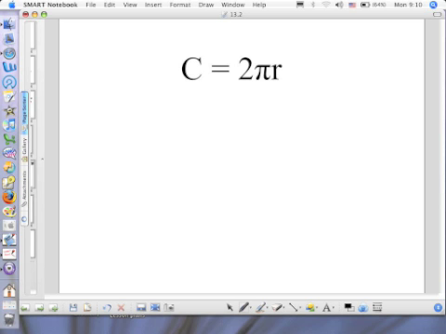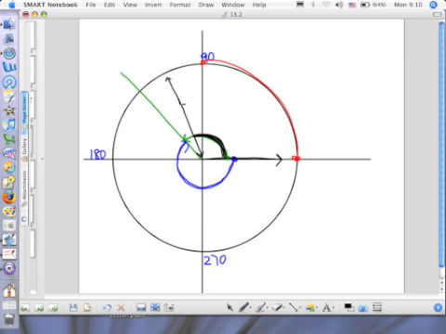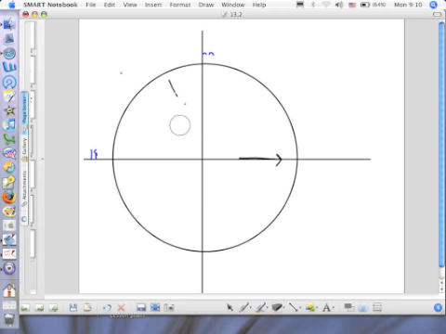All right? Now, if I said that the circumference of this circle is 4 feet.